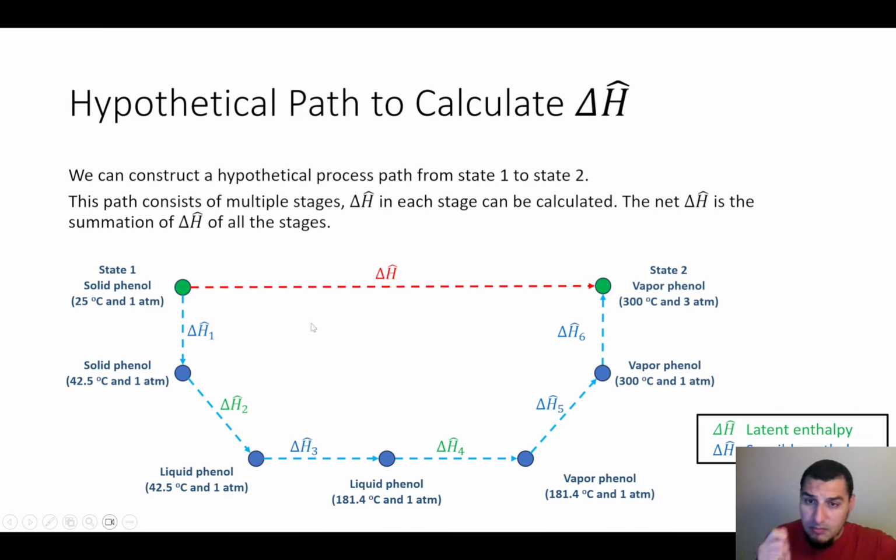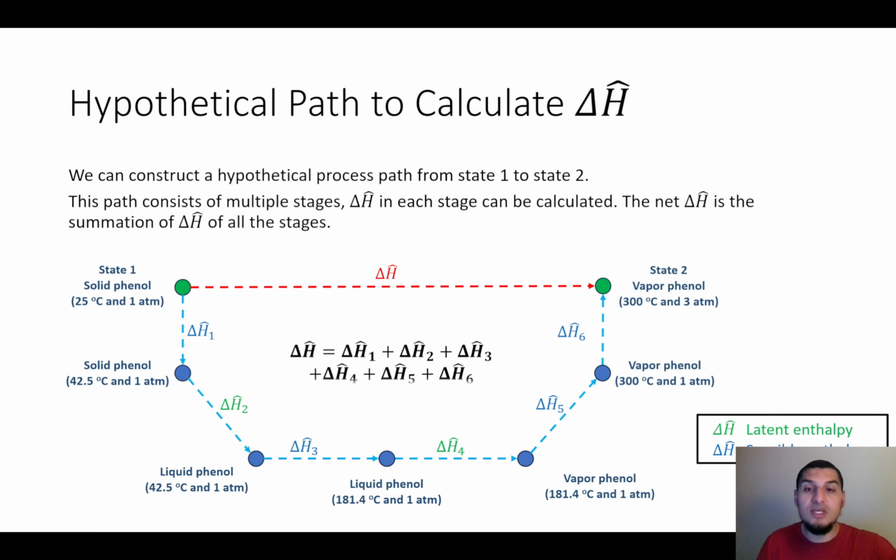And what is important here is that you are making each one of these steps a step that includes only one change in the parameters, either the phase, or the temperature, or the pressure. We will see later why we do the hypothetical path this way. If we can calculate each one of these enthalpies, from delta H1 to delta H6, we can say that the total enthalpy difference is the summation of all these enthalpy differences.